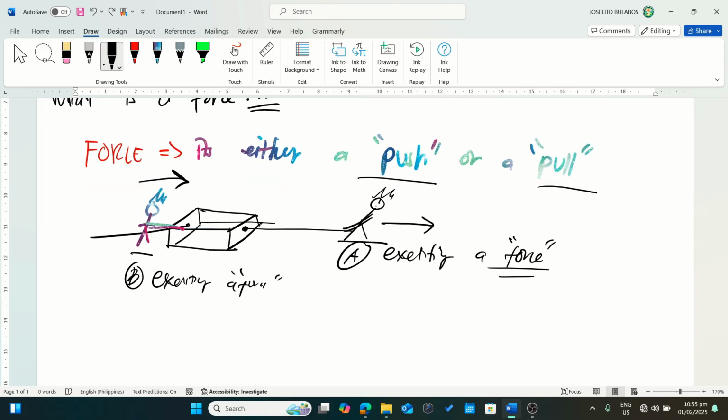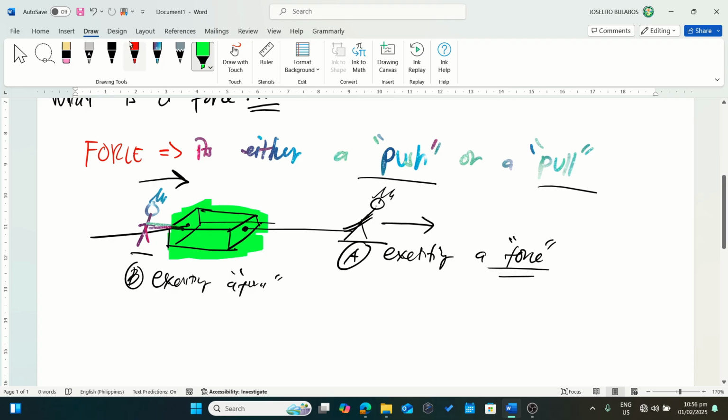Now, let's say we have another example, because we also have another definition for force. Let's focus here on the box and understand what's going on.